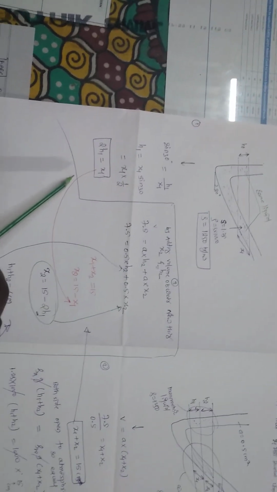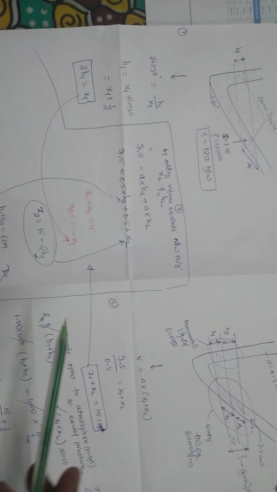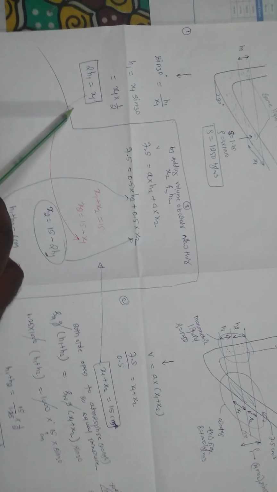Sin 30 is 1 by 2. So twice h1 is equal to x1. So x1 in terms of h1, we calculate in height format. So this is the first step.